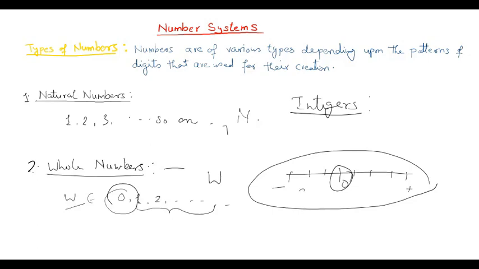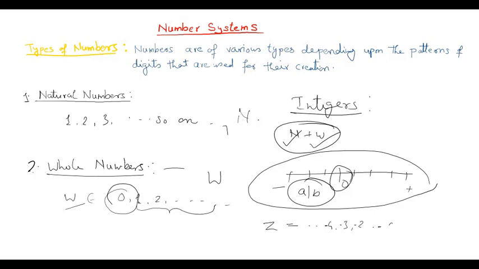That is a upon b. So integers don't include the fractions. So we can say all natural numbers are integers and all whole numbers are integers. This is denoted by the symbol Z, and these are -4, -3, -2, 0, 1, 2 and so on.